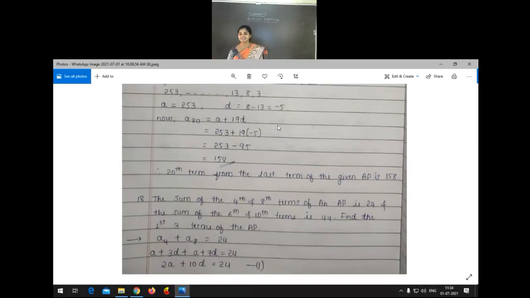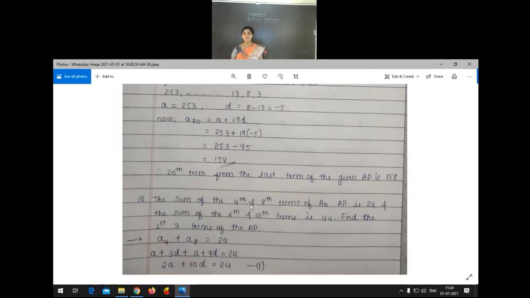Now 18th sum. Okay, the sum of the 4th and 8th terms of an AP is 24. So now again, this is a simple question only. Sum of some word is given. Sum of the 4th and 8th term. In the sense, 4th term is A4 and 8th term is A8. Sum of these two is 24.